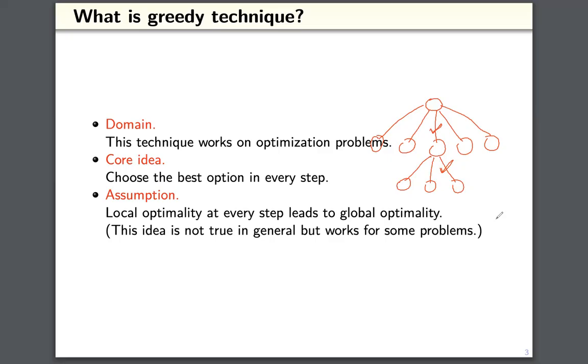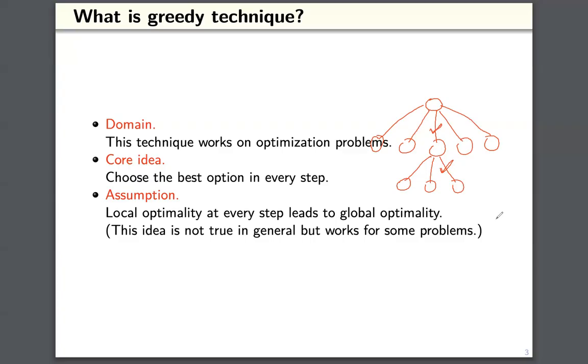So what is the biggest assumption in greedy? You are choosing a step that is locally optimizing things, right? That's a local optimization. You're choosing the one that maximizes or minimizes at that decision point. So the assumption is that local optimality leads to global optimality.